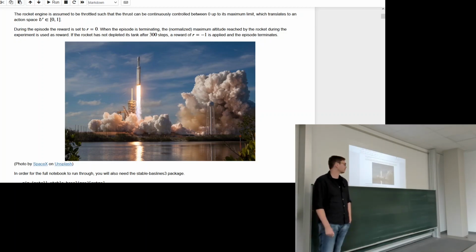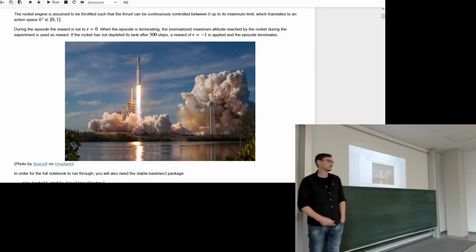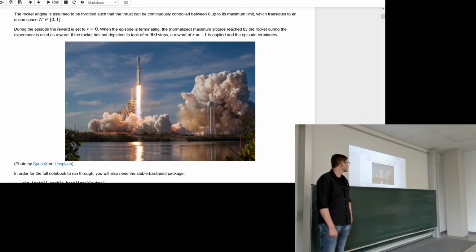This is a problem that we know from engineering, from rockets, where you, of course, have the task to leave the atmosphere. So it is actually an optimization problem where you have to decide when to accelerate and how much to accelerate and when not. And this makes it a kind of perfect fit for a reinforcement learning problem.